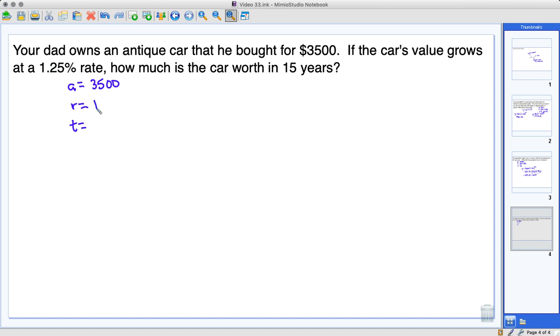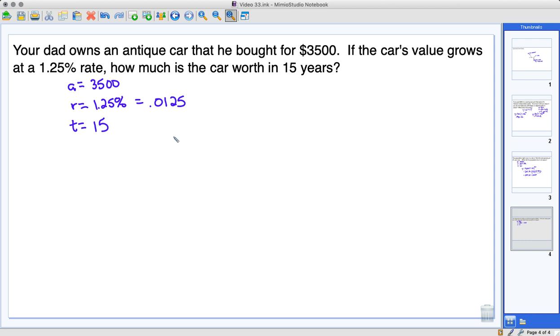Our rate is 1.25%. Be very careful. It has a decimal place in our percent. That doesn't just mean I get to put 1.25 in. This actually means 0.0125 as a decimal. And then T would be 15.